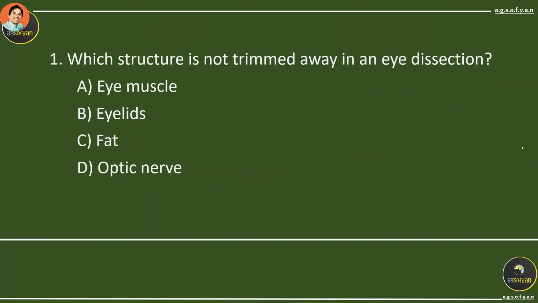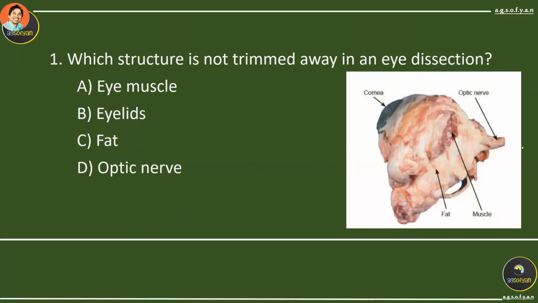Okay, to answer that, look at this eyeball, the eye that will be dissected. It has a lot of things over here that have to be removed actually. For example, this muscle over here has to be trimmed in order to be able to dissect the eye.